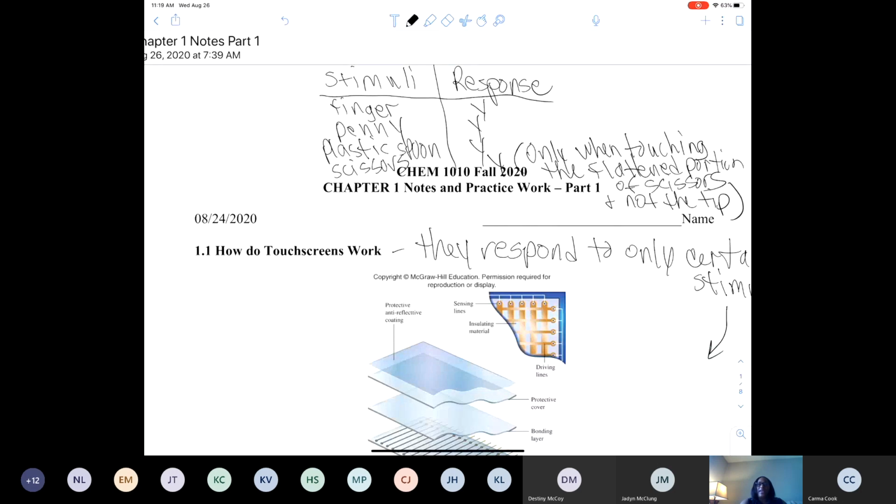So now that you've had a chance to go to your breakout rooms and discuss your list of stimuli and responses, what did your yes response type stimuli, what did they have in common?